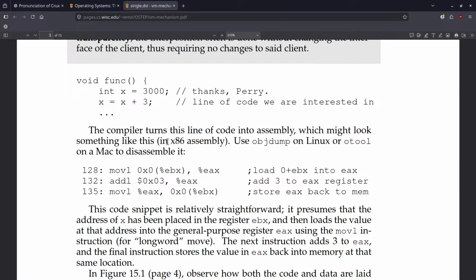Load. This code snippet is relatively straightforward.